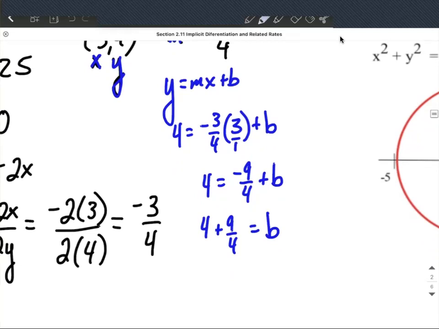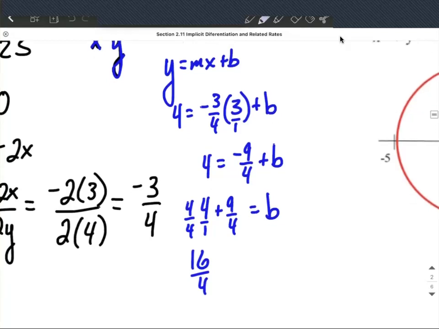That would be a better answer if we made this into a single fraction. So I'm going to treat that as 4 over 1, and multiply numerator and denominator both by 4. That's going to be 16/4, which was equivalent to 4, plus 9/4 is b. Putting those together, we keep the common denominator and go 16 plus 9 makes 25/4.